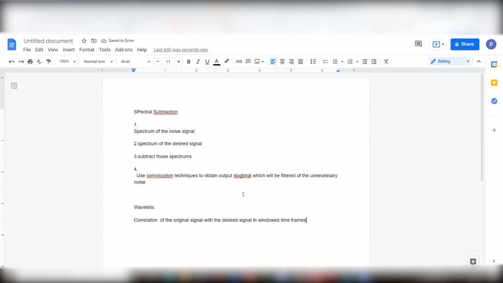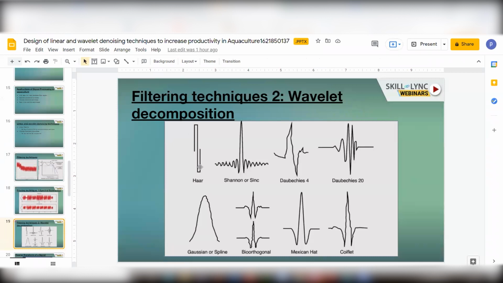That is the layman definition of applying wavelets to a raw signal, where we'll be obtaining a wavelet, and let's say this is the wavelet. We'll be using this wavelet as input, and we'll be using correlation techniques on the entire signal, and we'll be ranking the multiplication part.